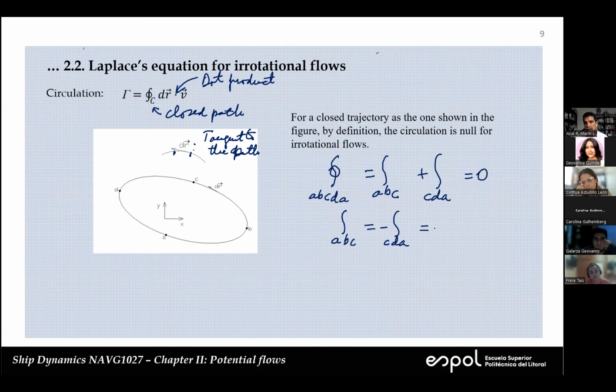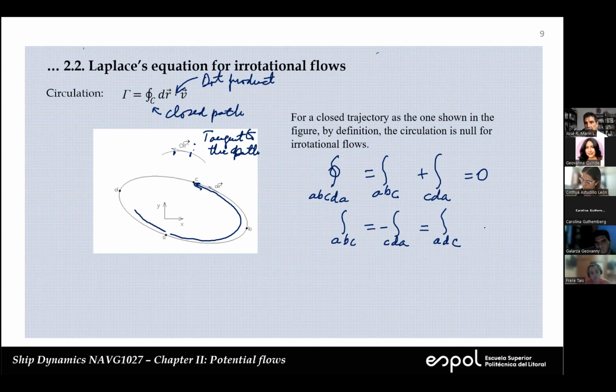So with this minus, it's going to be positive, the integration of A, B, C. So what we are saying is that the integration of the circulation from A to C, from here until here, is equal to the integration from A through C, but with a different path.